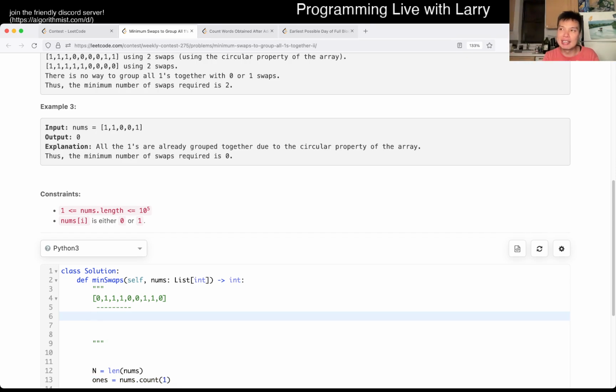So then the question is, if you're able to count how many ones there are inside, then everything that's outside, you just swap with the zeros, right? So basically it becomes counting the number of ones in this sliding window. Then you check, okay, what happens if we put all the ones in these 5 slots?